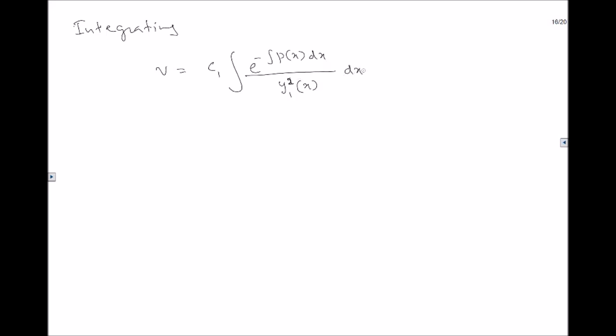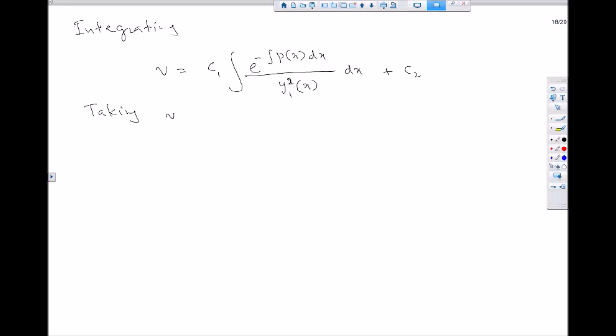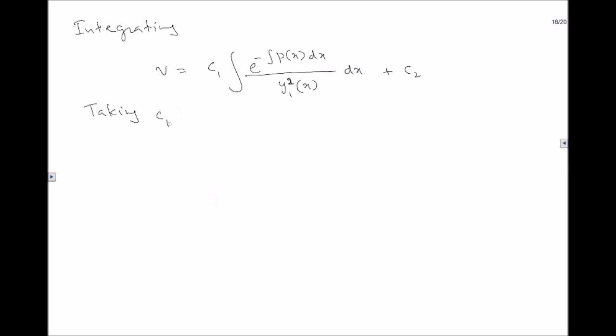So we integrate this again, and then plus c2. Now because we are looking for one solution, we can make some assumptions. Taking c1 to be 1, because you can pick any number you like, and c2 to be 0, because it works for any number, so just pick 1 and 0.